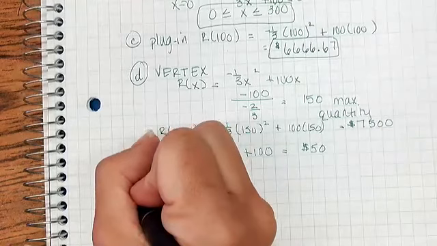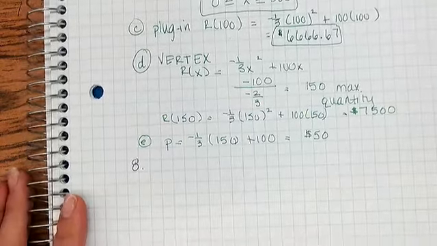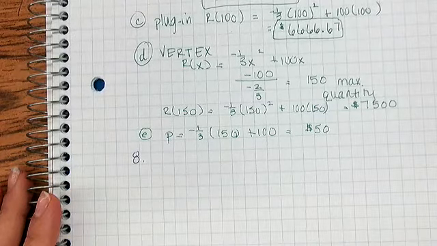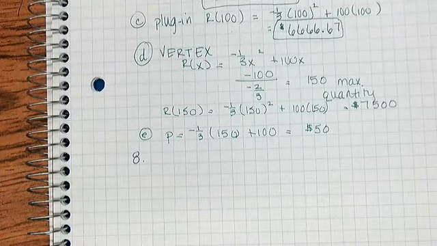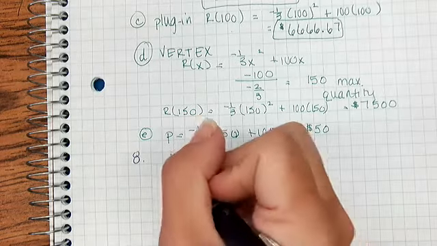This is number 8. For as long as I have been teaching this course, there have been problems regarding enclosing a rectangular field. Always, so get used to this type of problem. Number 8 says, Beth has 3,000 feet of fencing available to enclose a rectangular field.